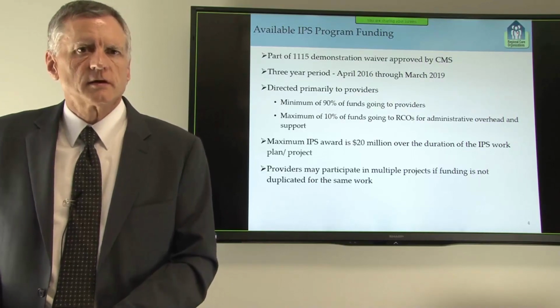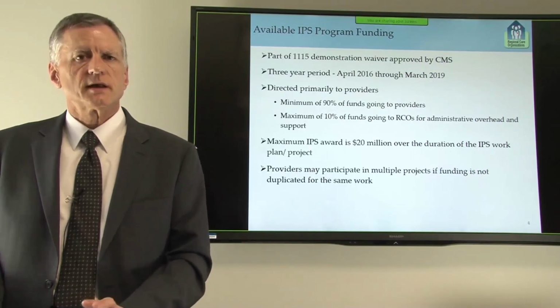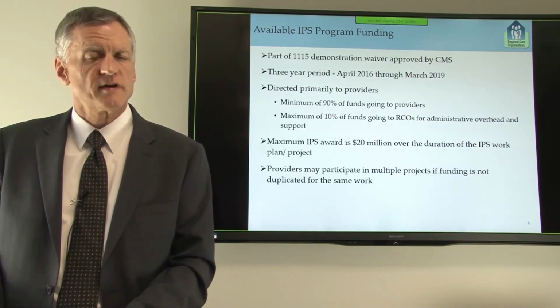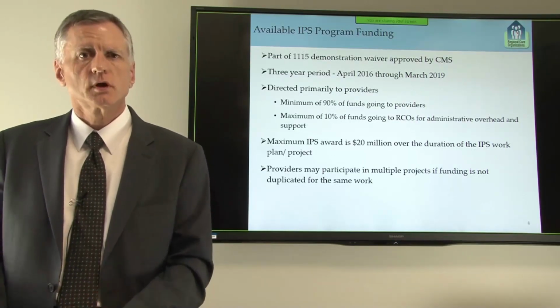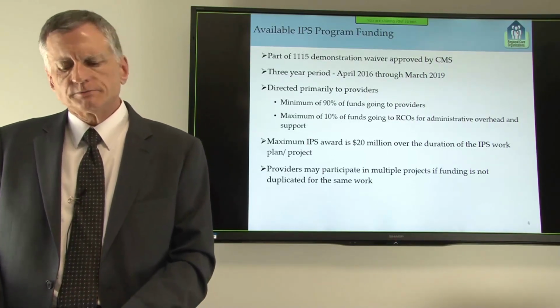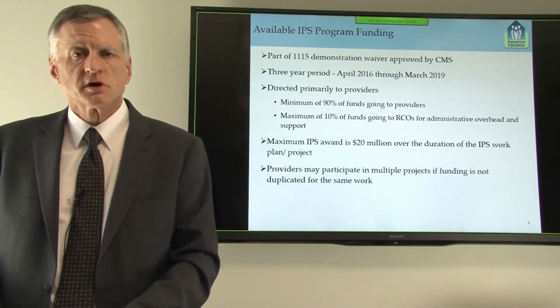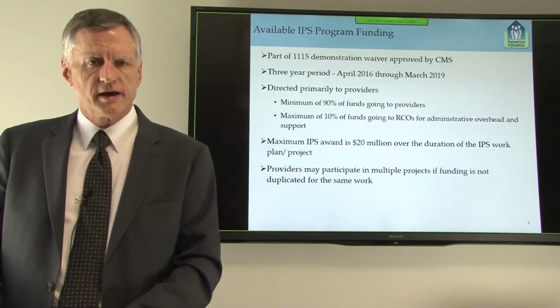The integrated provider system plan, though, is just that. It's primarily directed toward providers. How can providers work together to improve quality outcomes? As a result, most of the funding goes to providers.